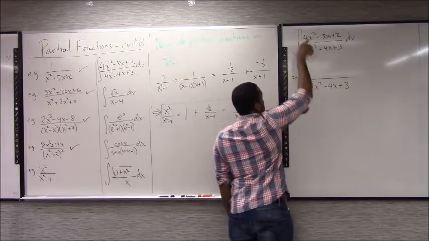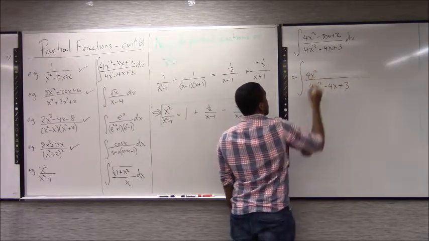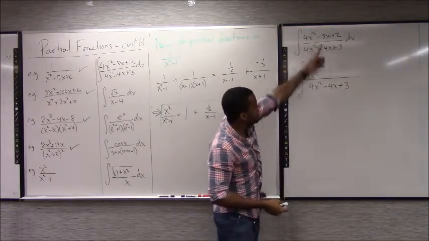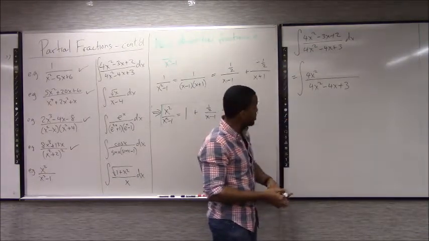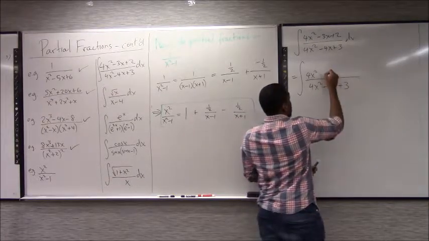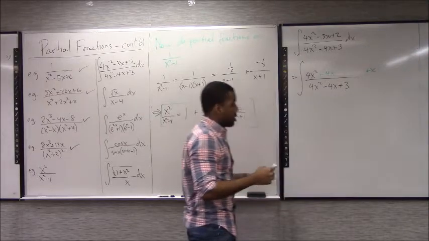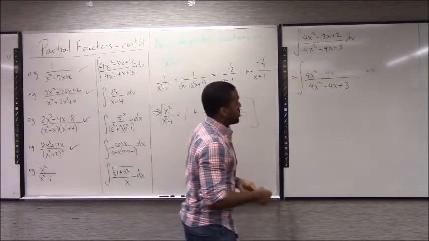Because the top is the same, it's already a 4x squared. So what I would do is I probably want to write the minus 3x in terms of minus 4x. I know minus 3x, I can write it as minus 4x plus x, right? So I broke up the minus 3x.